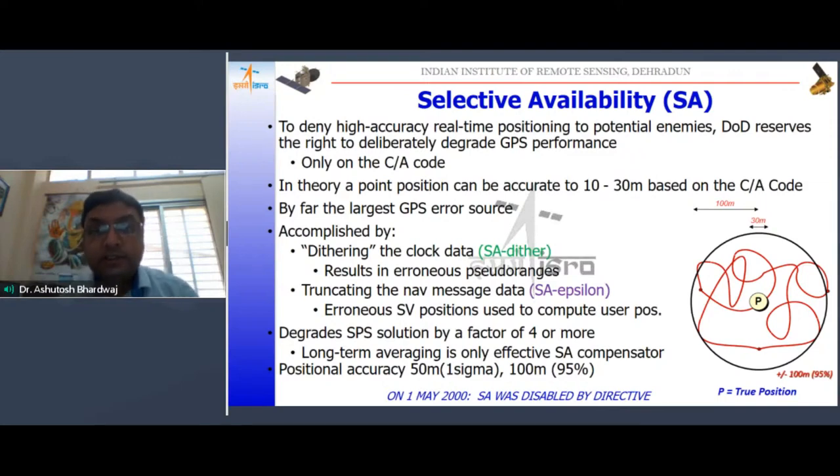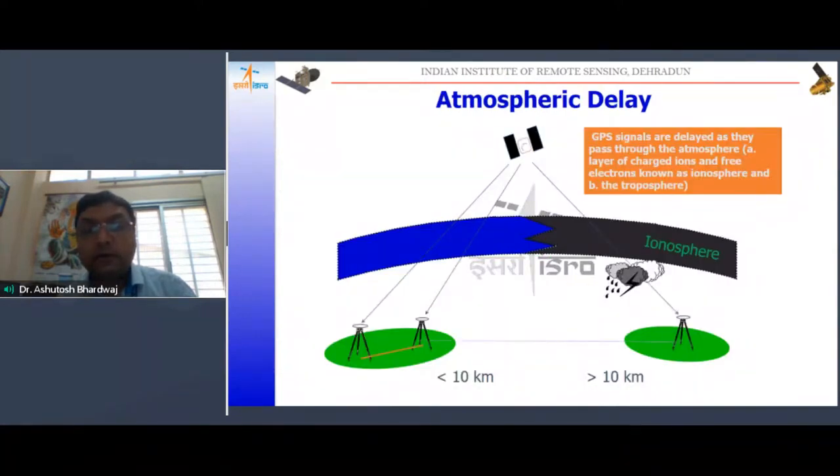The latest receiver systems developed in the last 2 years or so are capable of providing 3 to 5 meter accuracy in a standalone mode. But if we are using the little older systems, then our accuracy will be of the order of 10 to 20, 10 to 30 meters in standalone mode, whereas in the DGPS mode we can definitely get accuracy of the order of centimeters or millimeters.